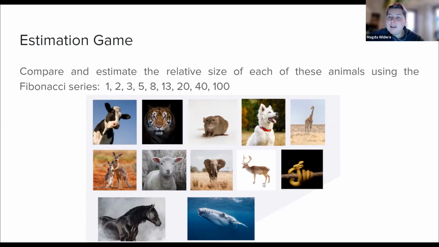I am going to tell you that there are no good or bad answers in here. I think there are different levels of complexity when it comes to some of the animals. So yeah, I'm going to give you a couple of minutes maybe.